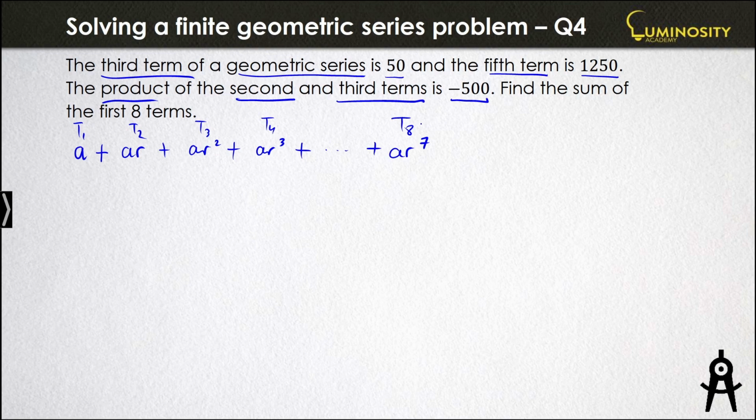But we know the third term, T3, is 50. We know the fifth term, so let's write out one more there, AR to the 4, and we know that this term is 1250. The product of the second and third terms, so T2 times T3, is negative 500.